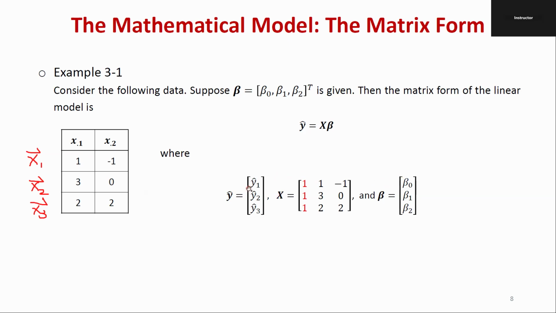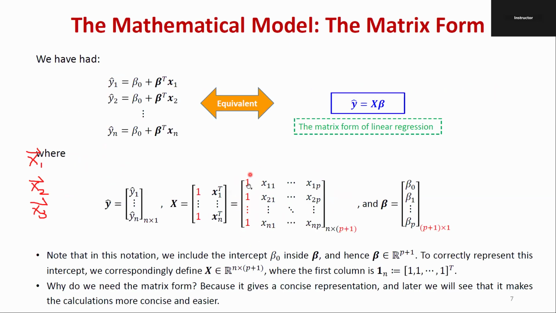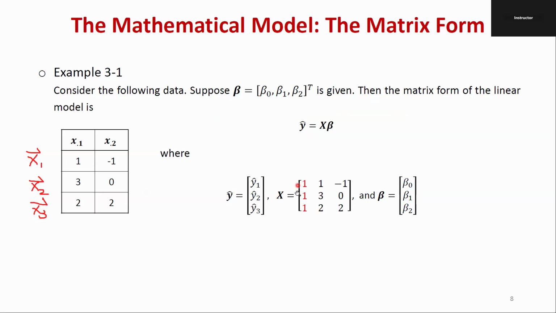And correspondingly, we can calculate y1 hat, y2 hat, and y3 hat. Again, we will calculate everything in detail later. And the X matrix is what? First of all, you just copy and paste this one: 1, negative 1, 3, 0, 2, 2. And then don't forget here, on the left side, we have a one vector, which is 1, 1, 1.